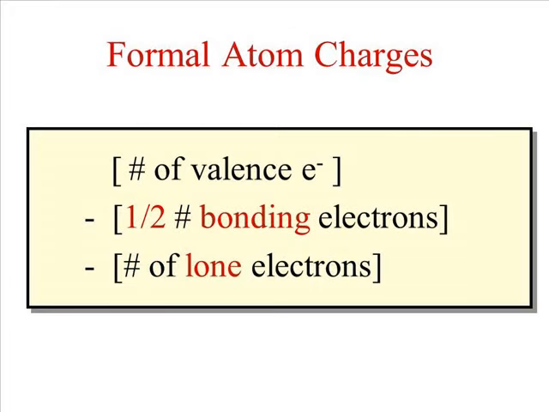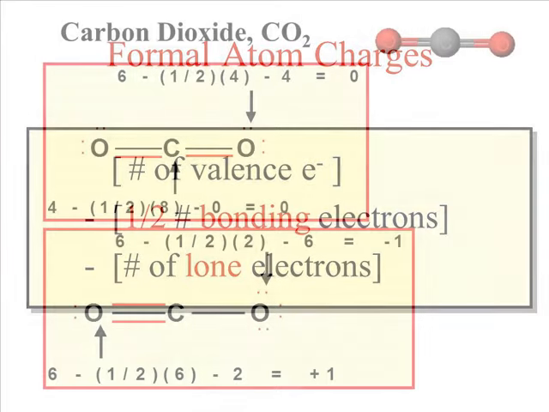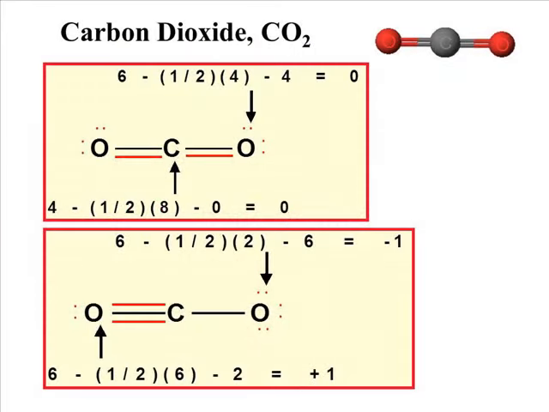Formal charge: add up the valence electrons for that element, subtract half of the bonding and all of the lone, and that will be its formal charge. So we did carbon dioxide in class. We looked at several different structures, the triple, single, and the two double, and came up with a better formal charge for the two double bonds.